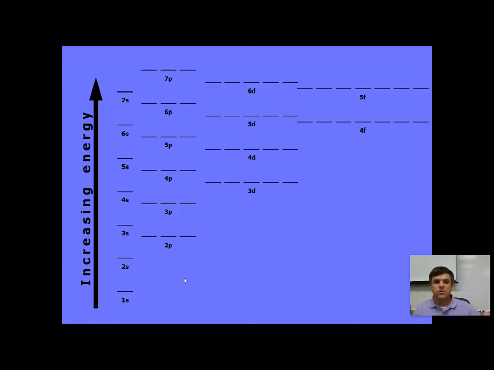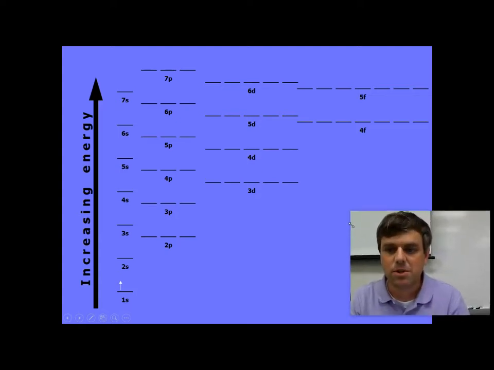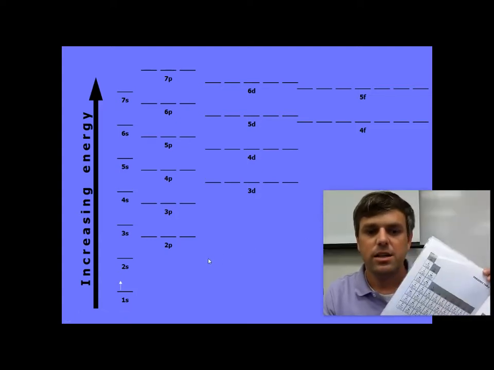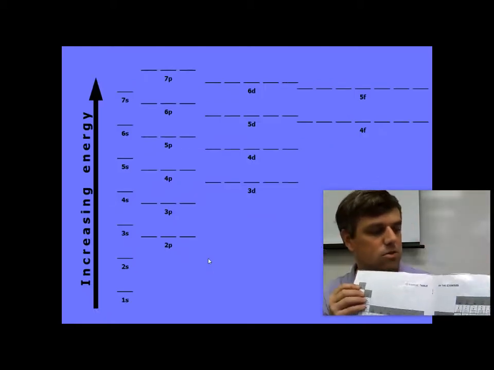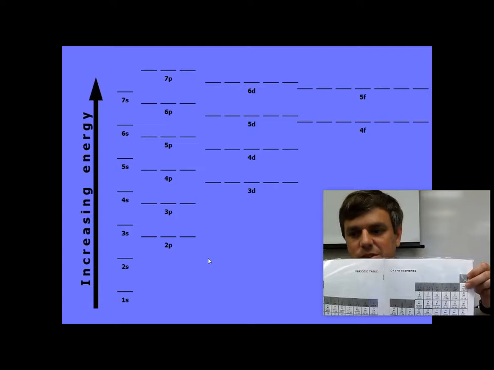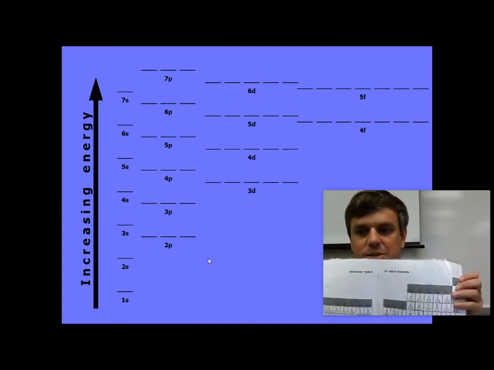So if we wanted to do an orbital diagram for hydrogen, it's just got one electron. It's going to go in the lowest energy sublevel right down here. It's going to go in the 1s. It's going to look just like that. If we wanted to do an orbital diagram for helium, helium has 2 electrons because it's atomic number 2, 2 protons, 2 electrons.